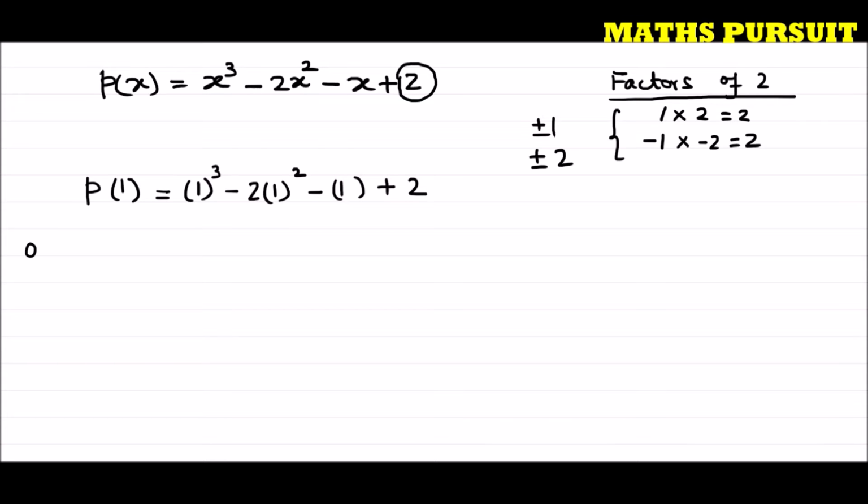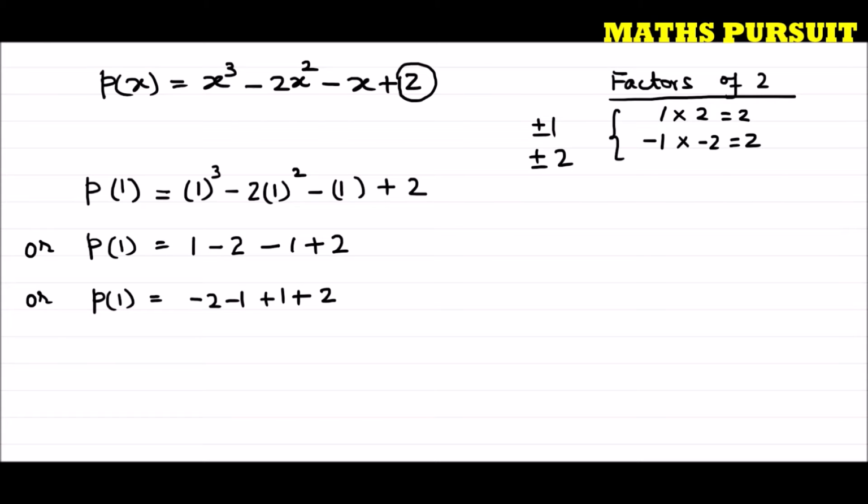That is equal to 1 to the power 3 is 1, minus 2 into 1 to the power 2 is 1, so 2 into 1 is 2, minus 1 plus 2. If I get all the negative terms on one side and all the positive terms on one side, I can write minus 2 minus 1 plus 2, or p(1) is equal to minus 3 plus 3, that is equal to 0.